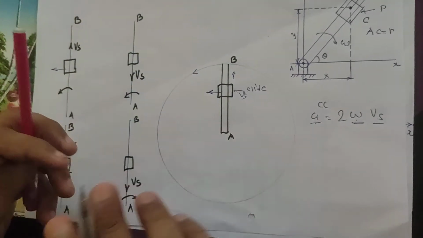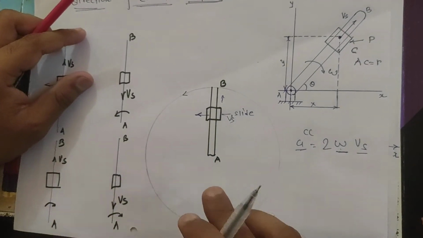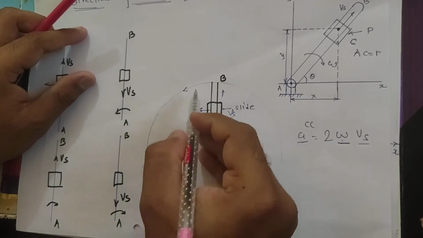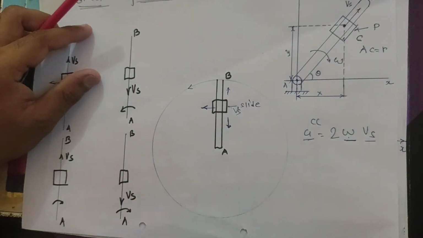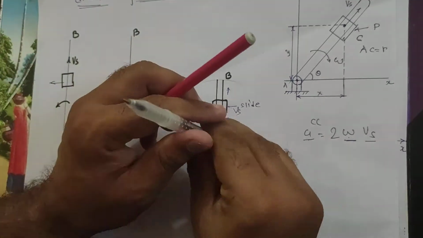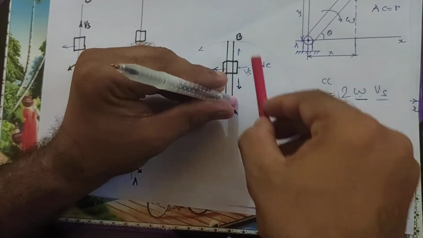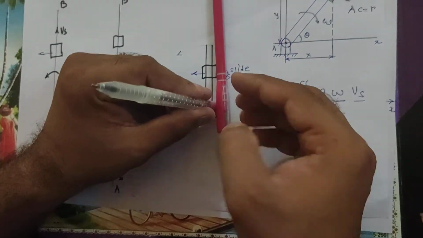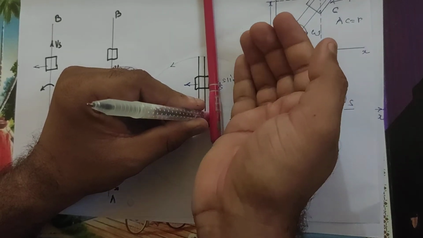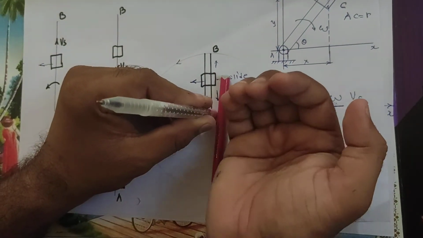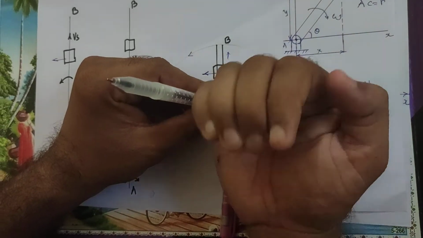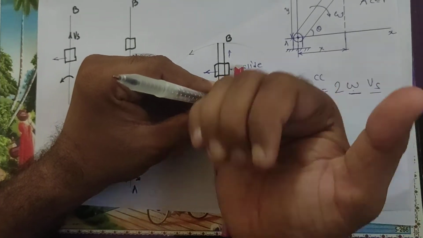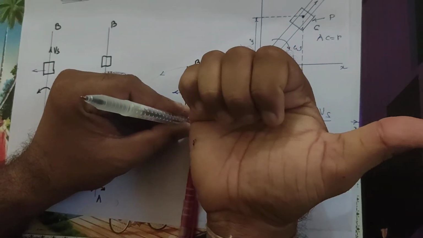Now consider the slider moving in the downward direction, and once again the link rotating in the anti-clockwise direction. The link may be upward and the slider moves in the downward direction. So for the downward direction, omega into Vs is in this direction, and our thumb is in this direction.